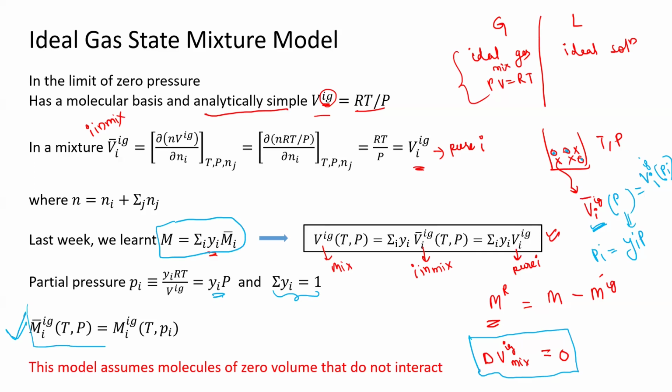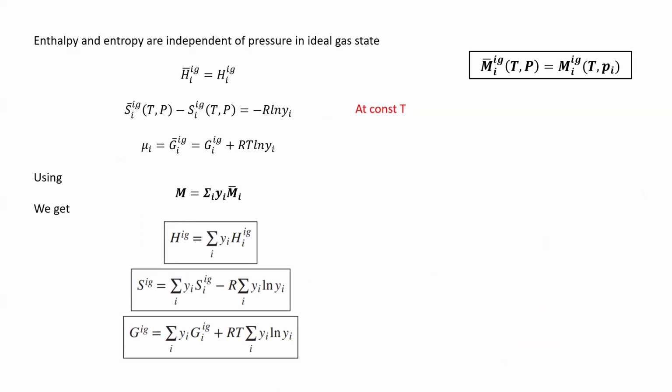So this is understood first, and this is also understood. Right? So we have done this for the volume here. Later, for the other properties, we know that as the pressure tends to 0, in the ideal gas mixture model the enthalpy and entropy are independent of pressure. So we know Mi IG bar at T, P equals that at T, Pi, right?